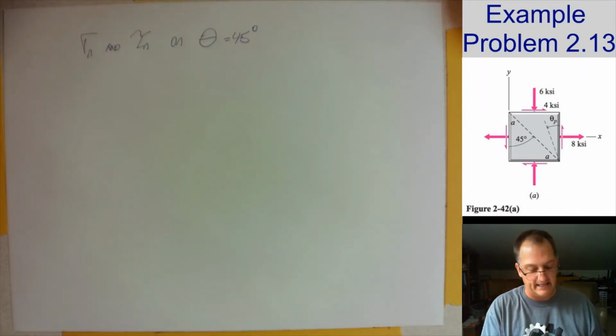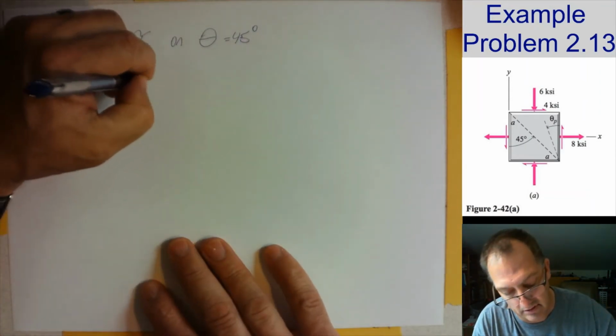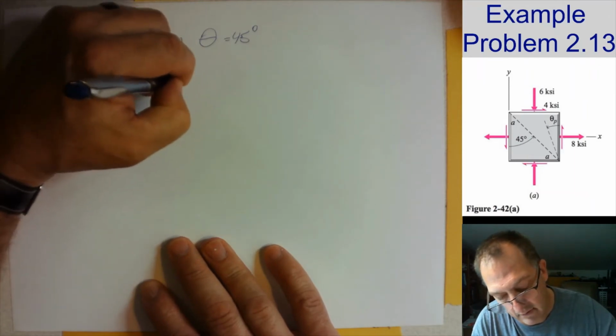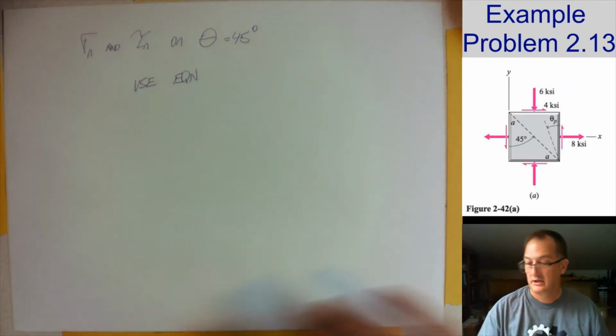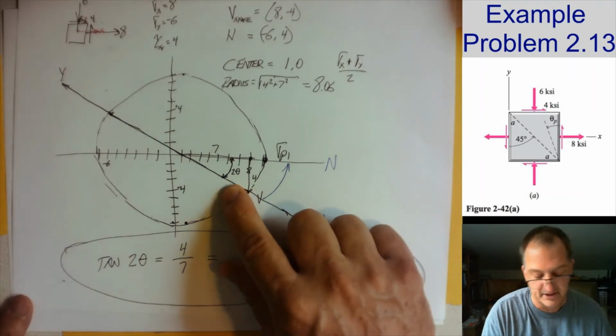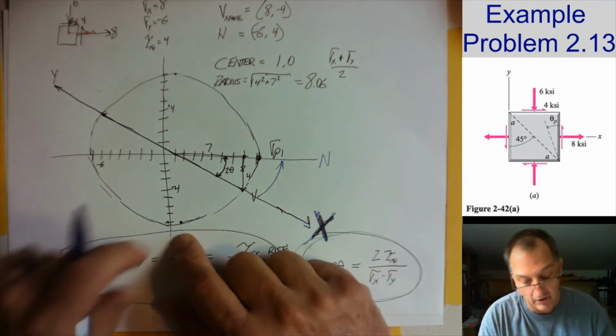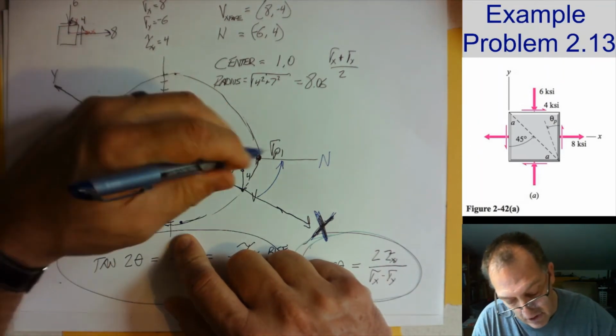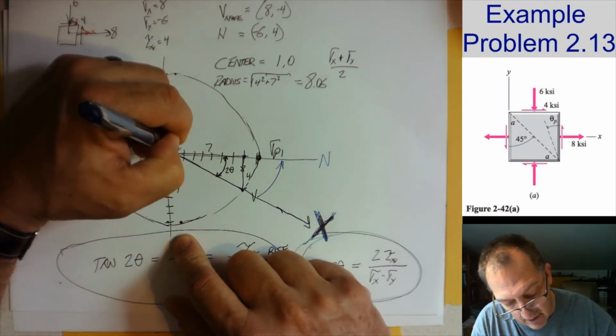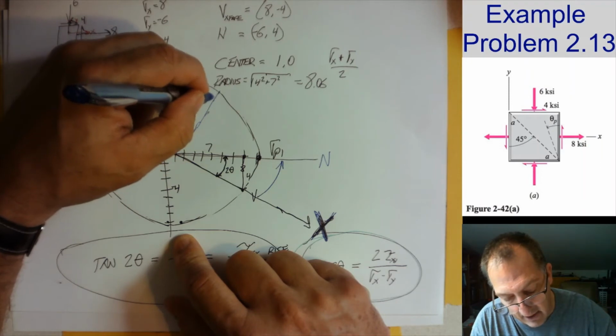But that's just use the equations. I mean, it would be really hard to go here and say, okay, 45 degrees. Oh, no, actually, maybe it's not. 45 degrees from here is going to be 90 degrees here. So it's going to look like that, right?